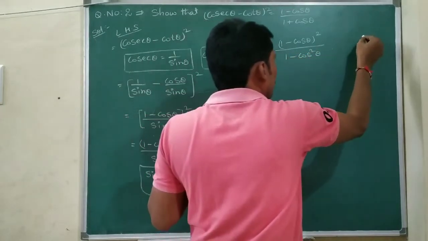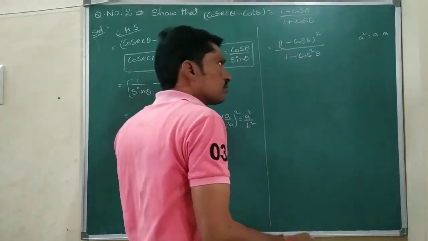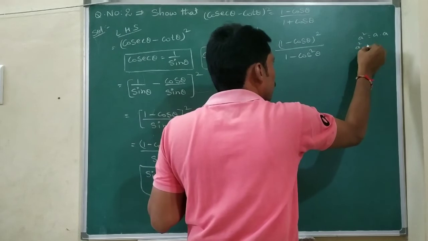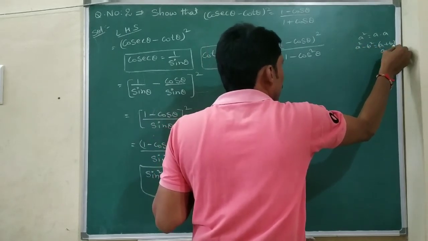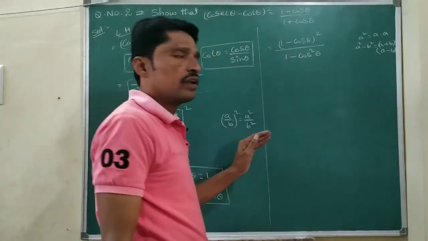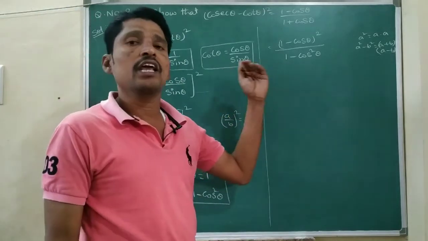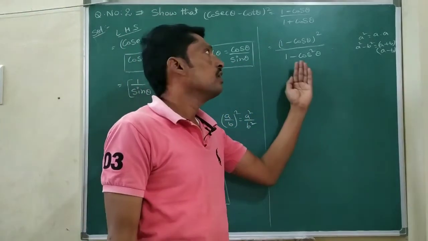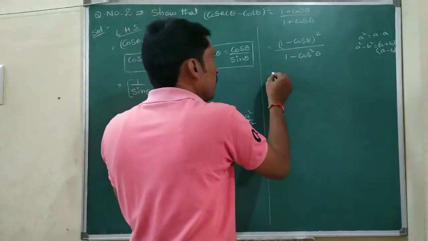For example, a square means a into a. And a square minus b square we can write as a plus b into a minus b. Here the numerator is a square form, so we can write a into a. The denominator is of the form a square minus b square, so we take a plus b into a minus b.